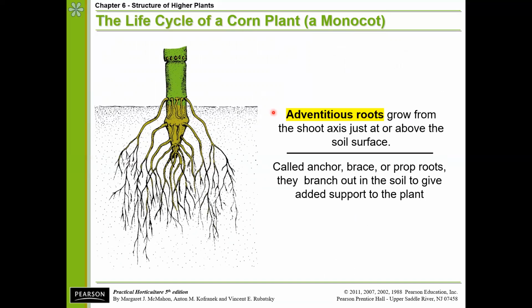Adventitious roots are those that appear from anywhere other than the underground portion of the plant. For adventitious roots in corn, we call them brace roots or prop roots, because their function is to basically hold up this tall, skinny plant.